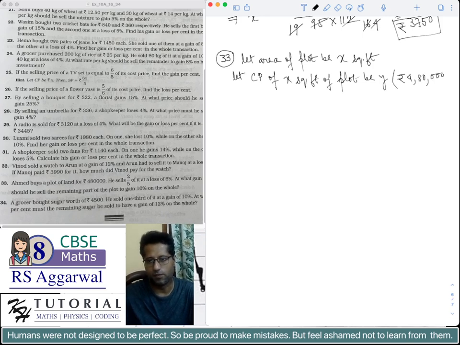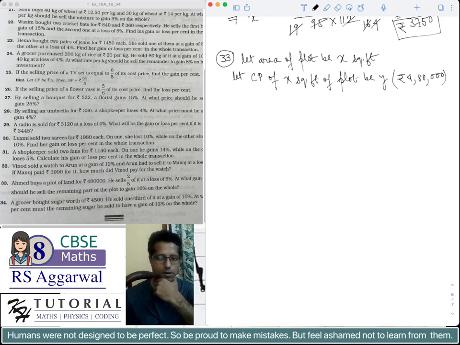So in solving the problem, we will use the letter Y instead of 4,80,000, because it will be tedious to write 4,80,000 again and again. So basically the value of Y is 4,80,000. So we are assuming that the area of the plot is x square feet, and its total price, which is given to be 4,80,000, we will be using the letter Y for the cost price of the land.